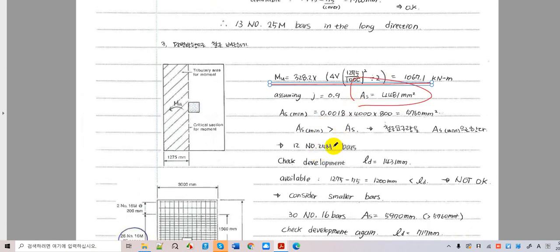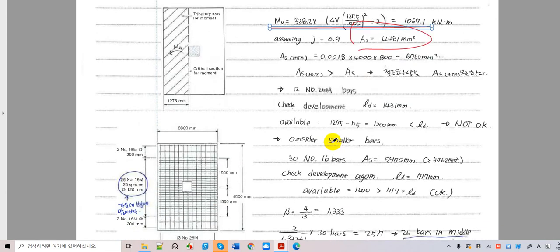This is all the same, and we calculate and compare it with the minimum steel required by the code. So this is the minimum required by code, which is 0.0018 bd, and we need to choose this value to design the steel.